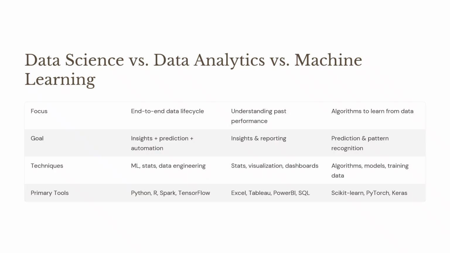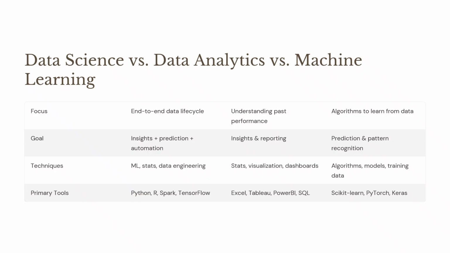Machine learning takes care of what algorithm it can implement to learn much more knowledge from the data provided. Next, the goal. For the first one, it is insights, prediction, and automation. Analytics provides only insights and reporting, whereas the third includes prediction and pattern recognition.